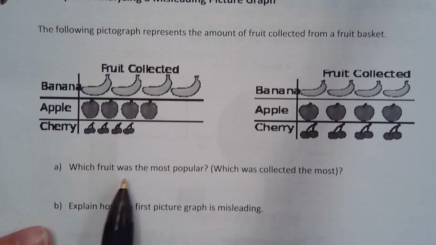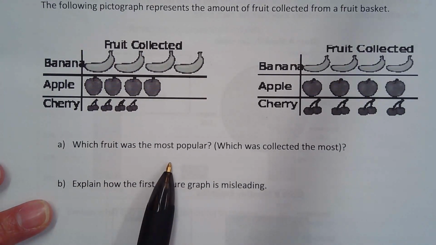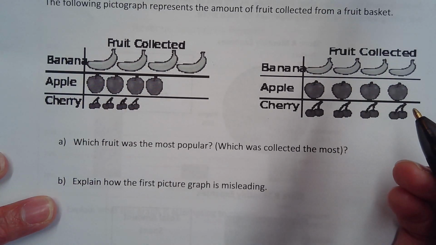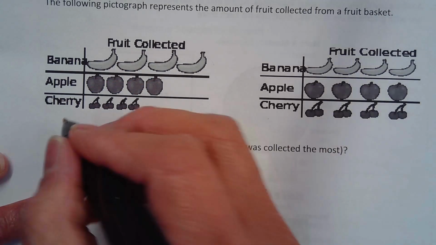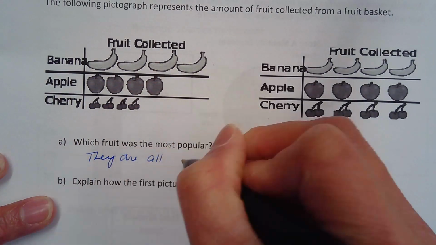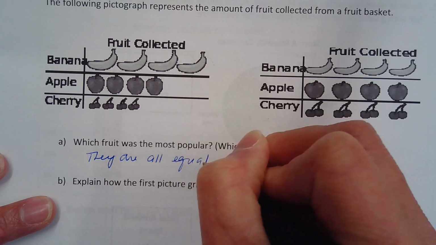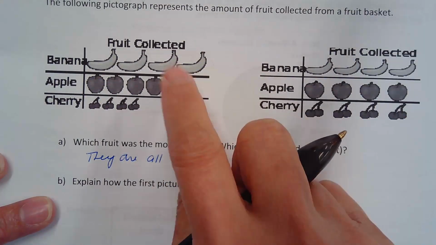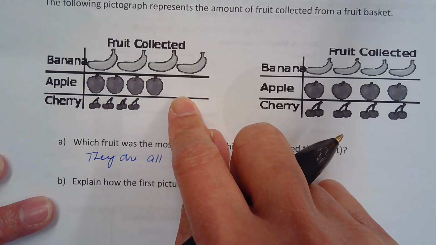So which fruit was collected the most? They're all the same, right? But when you look at graph number 1, it looks like the banana is the most.